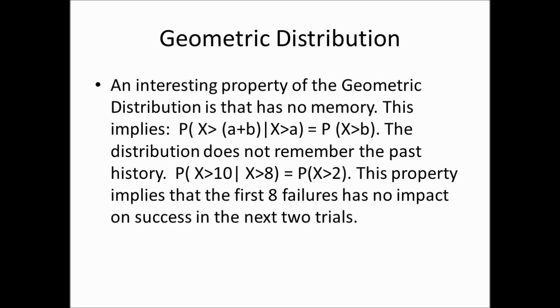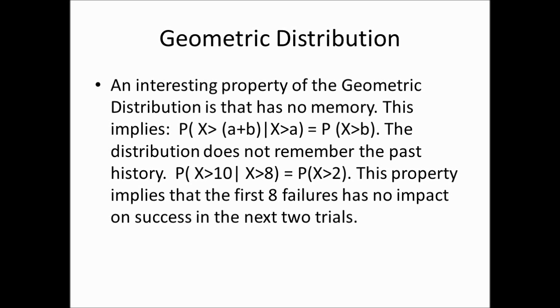There's another interesting property of geometric distribution called the memoryless property. Geometric distribution is the only discrete distribution that shows this property. The memoryless property implies that the probability that the random variable takes a value greater than a plus b, where a and b are two numbers, because we are talking about the number of trials until you get the first success, given that x is greater than a, is the same as the probability that x is greater than b.